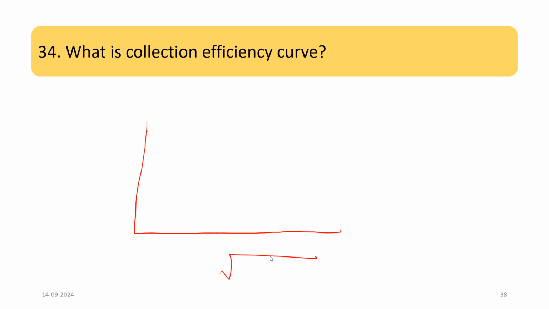The ratio is UTL by U bar H, that is the root of the efficiency. Suppose this axis is 0, 0.2, 0.4, 0.6, 0.8 like this, and here also it is 0.2, 0.4, 0.6 going on the top also.